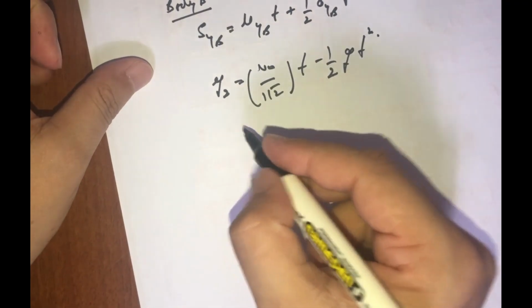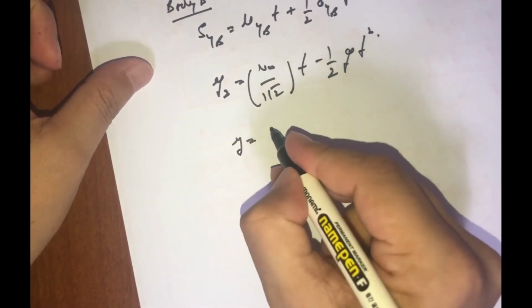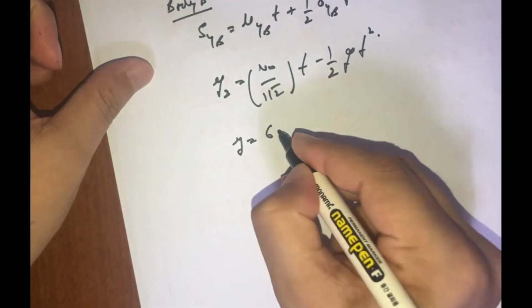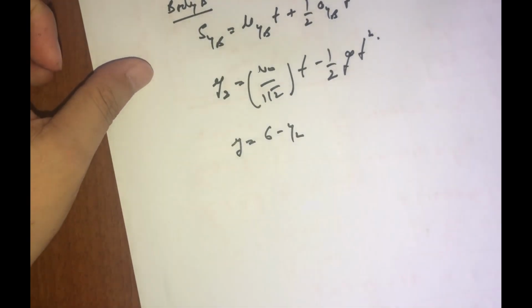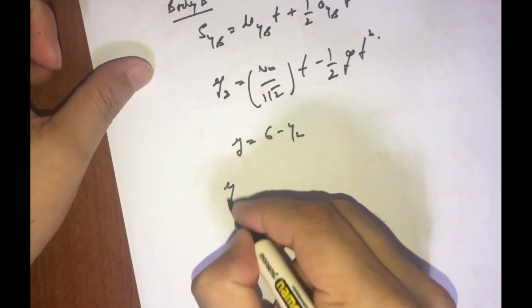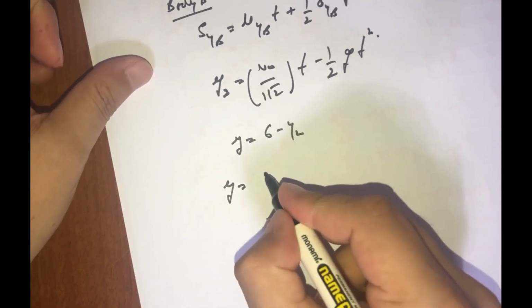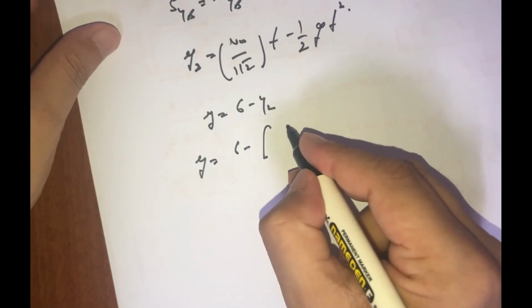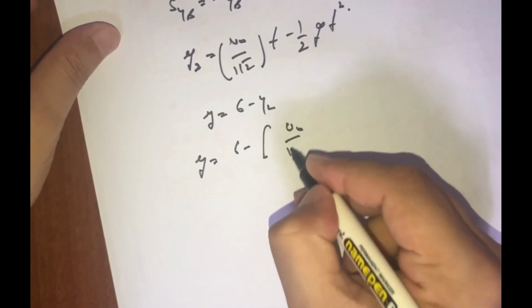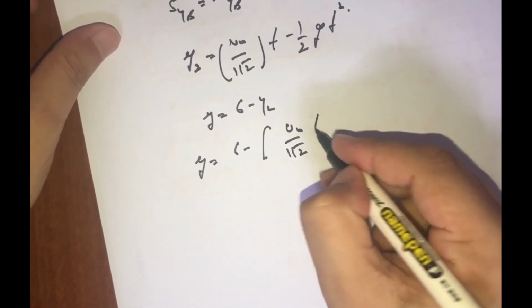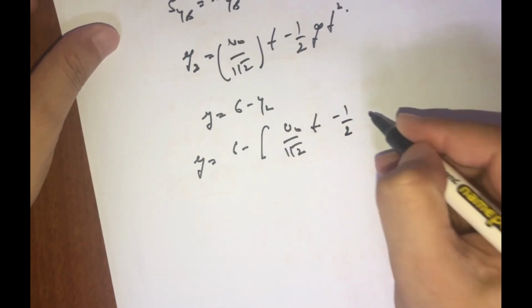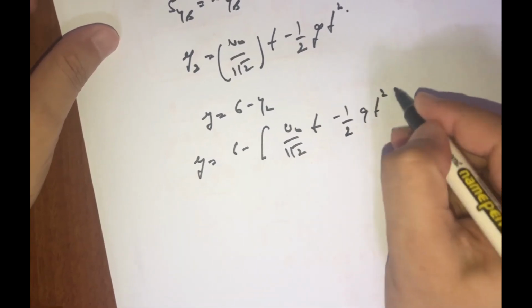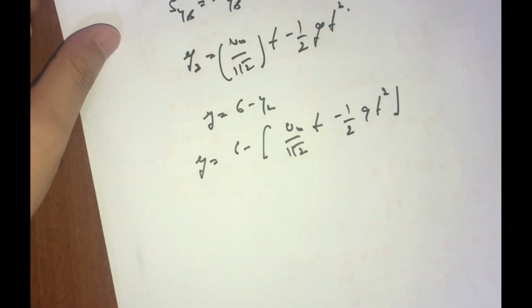So we already found out that y is equal to 6 minus y2. So from here we can find out y is equal to 6 minus V0 root 2 t plus 1/2 g t squared. So we have two equations of y.